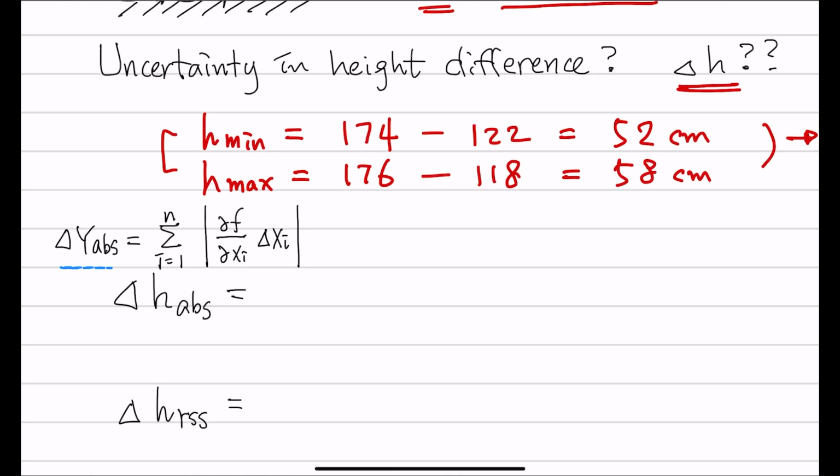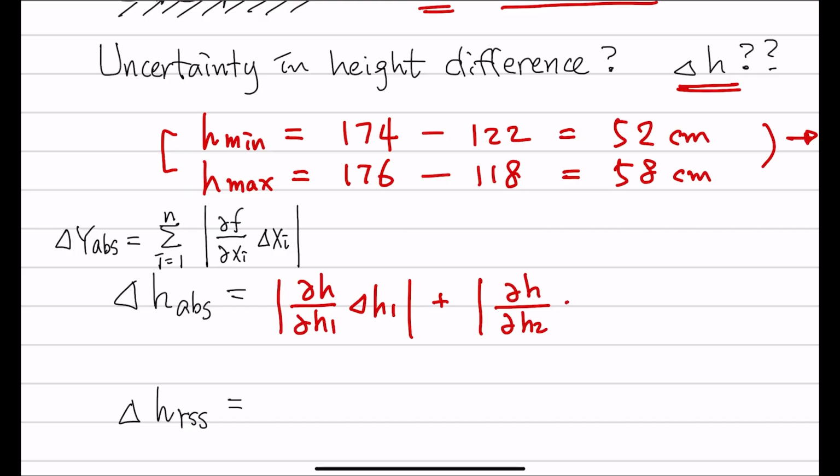So the absolute value we would like to find out is delta H over delta H1 times delta H1 plus the second variable, delta H over delta H2 times delta H2.